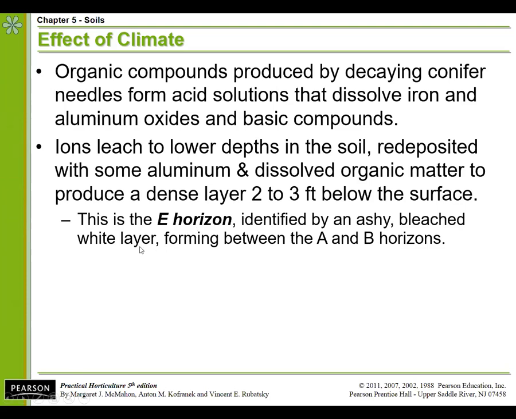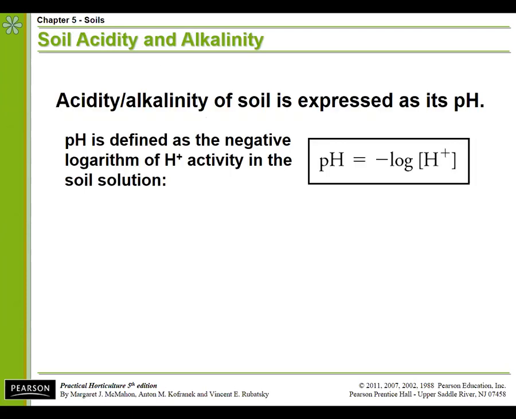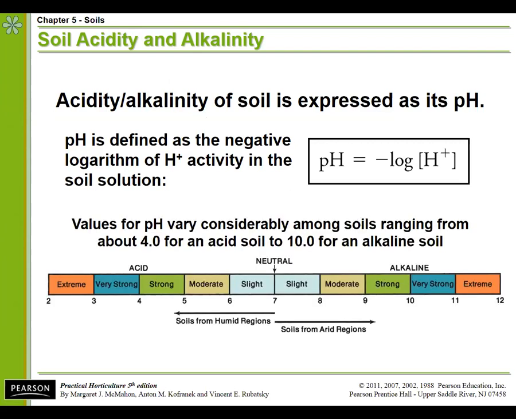Just this other horizon that we didn't mention earlier, but it's usually kind of a much lighter color, usually almost white. We call it E because it is the layer of eluviation. And eluviation is just that process of those ions moving down.